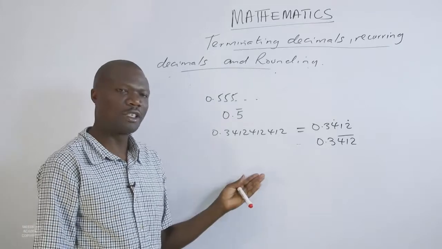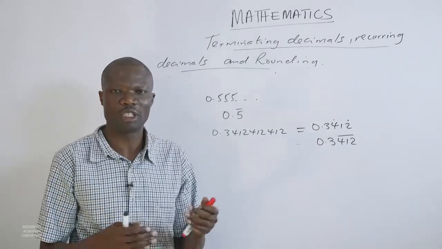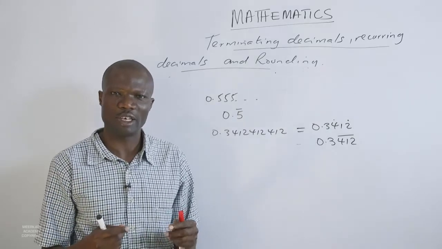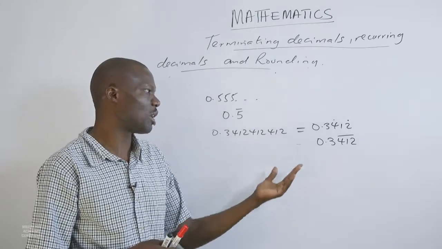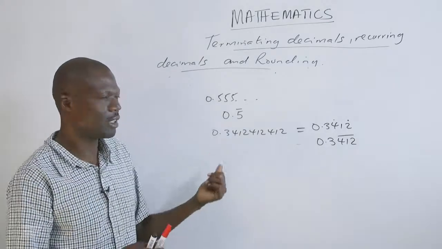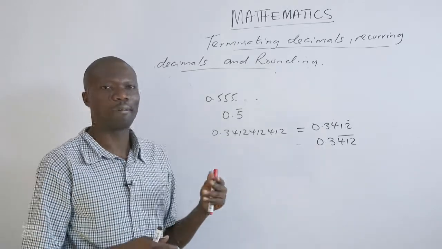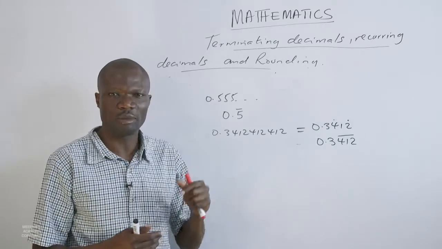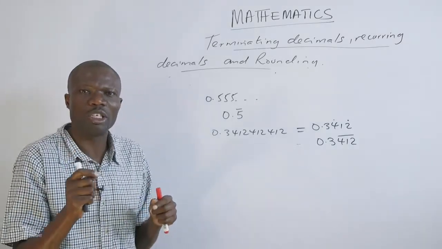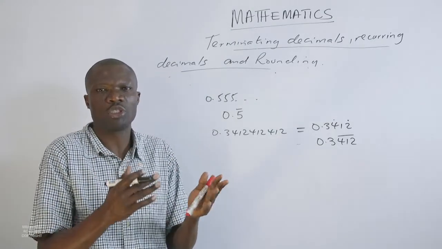Now, you realize that the situation that recurring decimals puts us in requires us to have knowledge of what we call rounding, so that we can choose to have an exact number of decimal places. So rounding is also very important. What do we understand by rounding decimals? To round a decimal is simply to define the number of decimal places we wish to have.